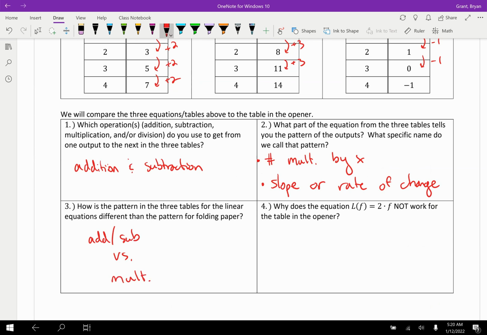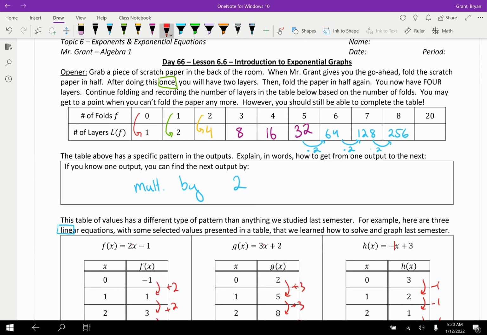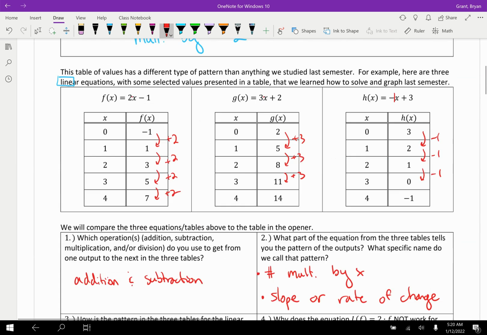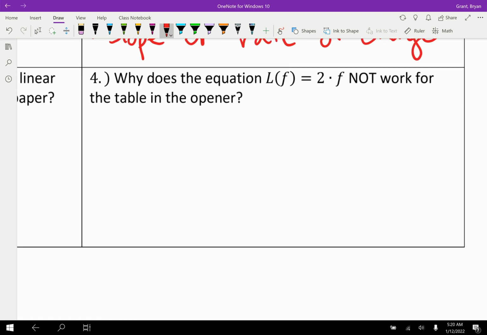So what some students will say is they'll look at this table up here and say, oh, they're multiplying by 2 every time. I bet I could write an equation to predict the output for each input. And they say, well, since we're multiplying by 2, I bet that means my equation is just going to be 2 times f.